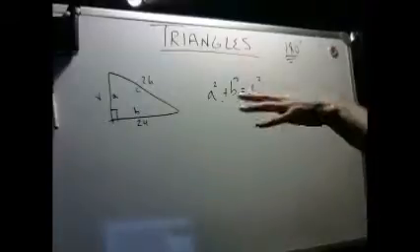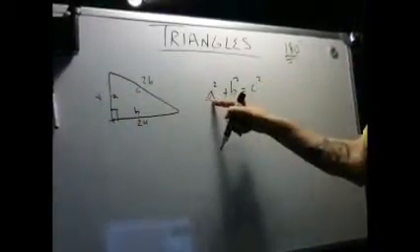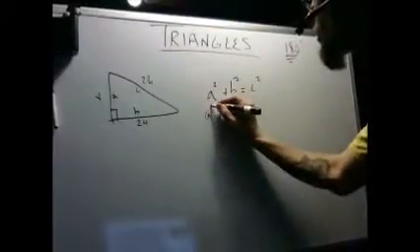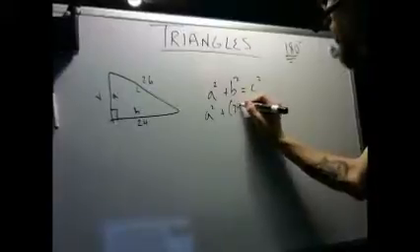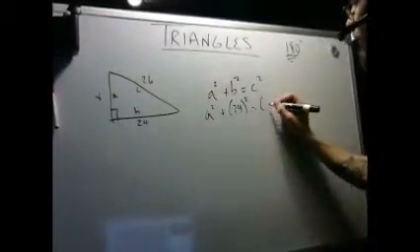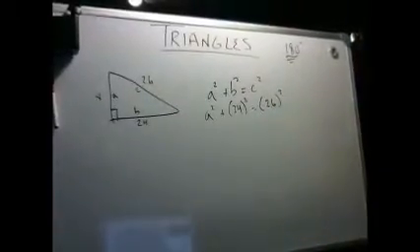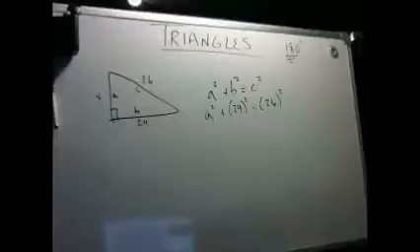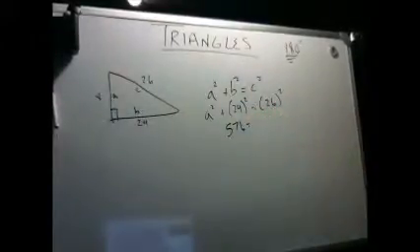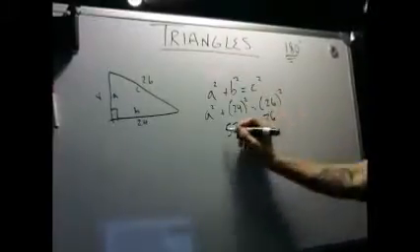So now you just take those values and you plug them into the equation. Now we don't know what our a is, that's the value we're solving for, but our b is 24, so it's a squared plus 24 squared equals the hypotenuse, which is 26 squared. And so now we know 24 squared is 576, 26 squared is 676.